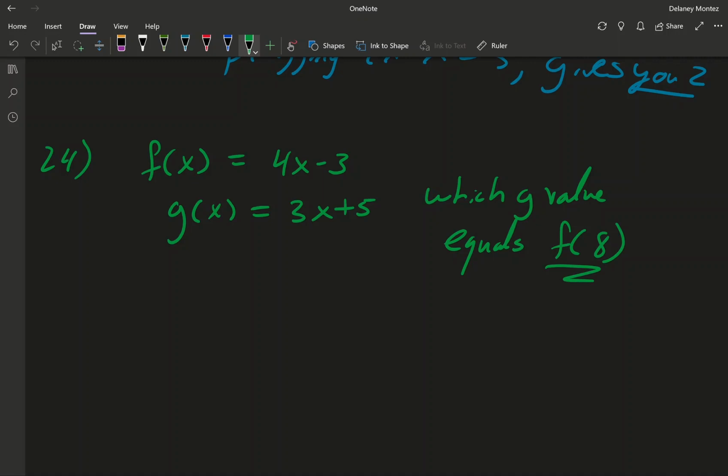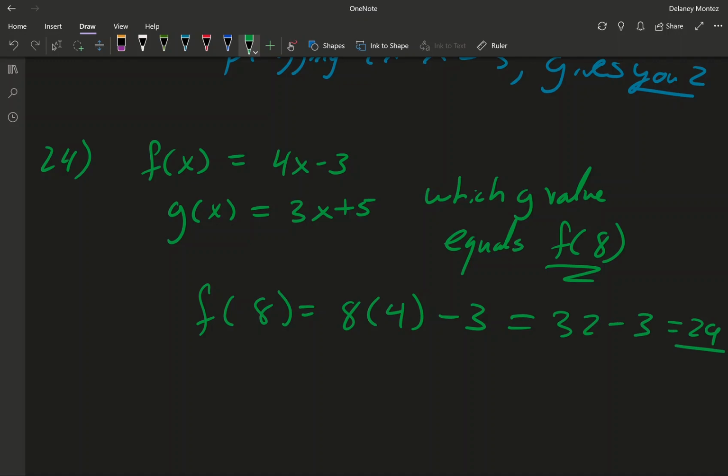So first thing probably is to find what f of 8 is. f of 8 equals 8 times 4 minus 3. This is 32 minus 3, or 29.